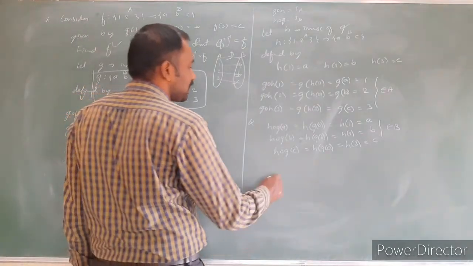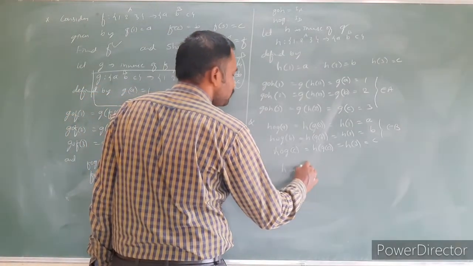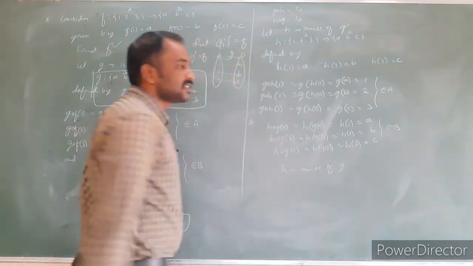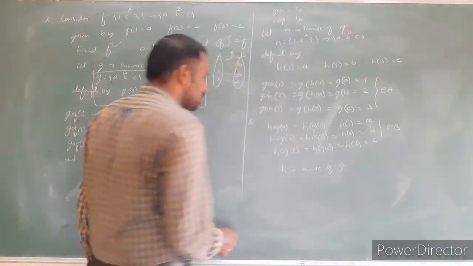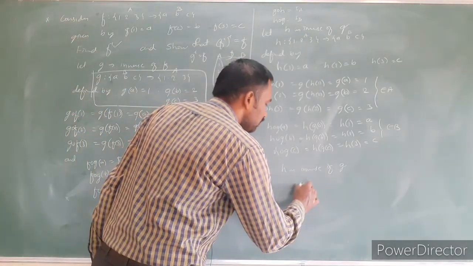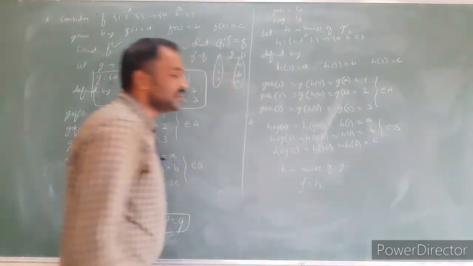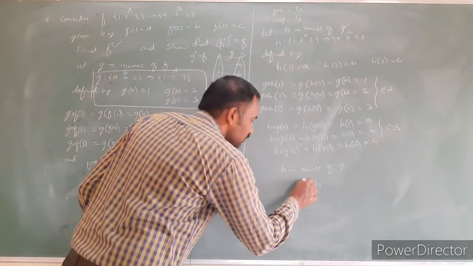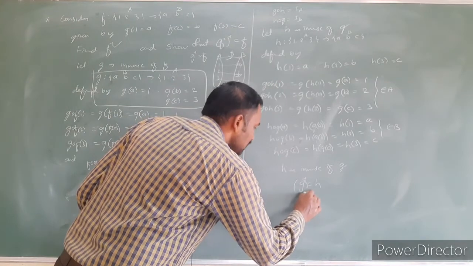Now what we can say is that H is the inverse of G. H is the inverse of G is nothing but G inverse is equal to H. What is the G value? G is nothing but F inverse.